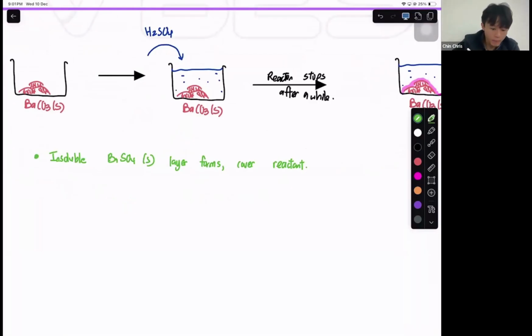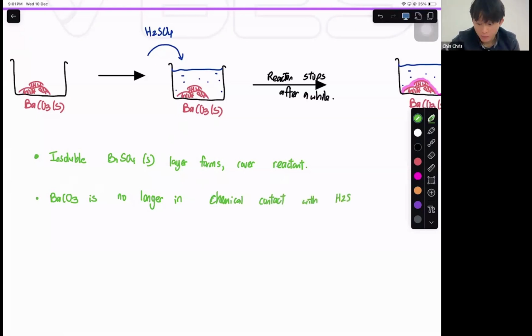Alright, then eventually BaCO3 is no longer in chemical contact with the H2SO4 molecule, understand? So right now they are no longer touching here, which means there's no reaction. And then your reaction stops.